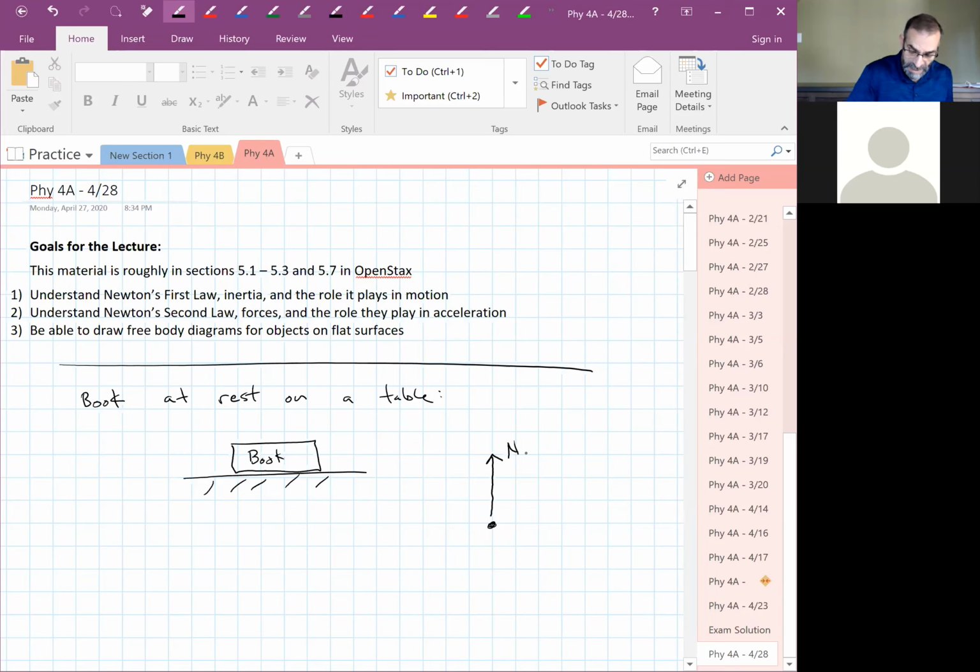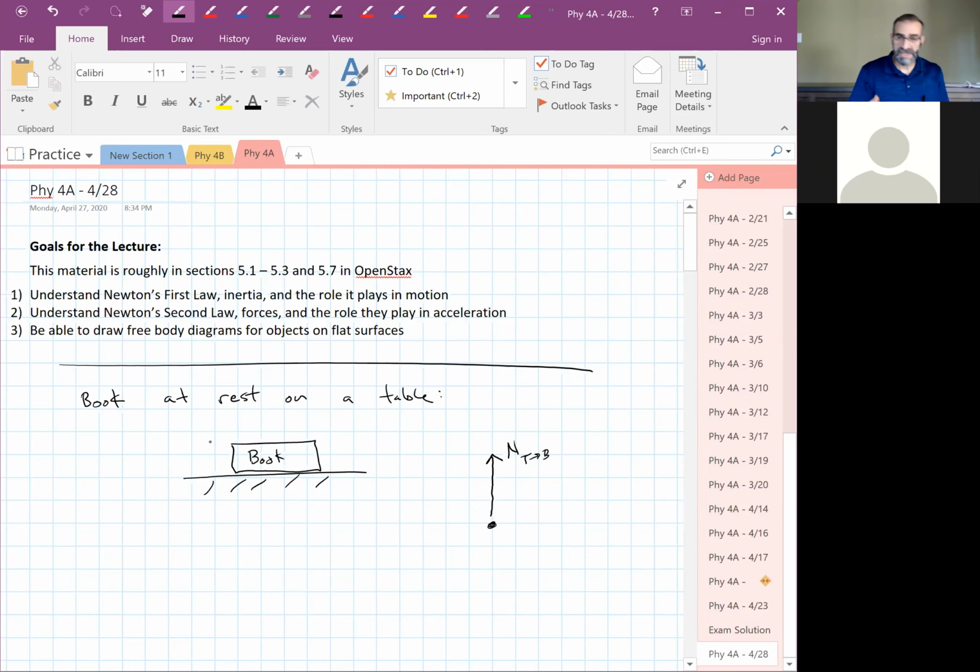That would be the table acting on the book, right? And then we have no friction in this case because it's just sitting horizontally and there's no need for a friction force. If we pushed horizontally on the book, gave it a little push this way, then we would get some friction pushing back the other way.